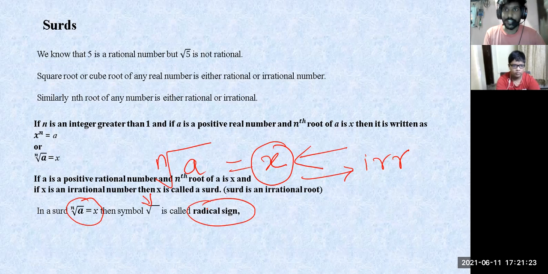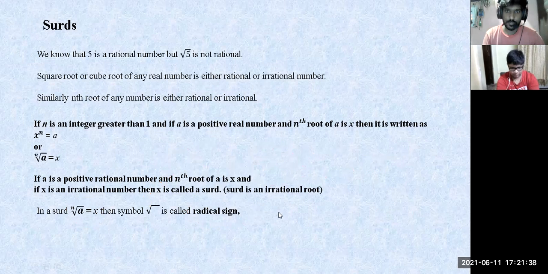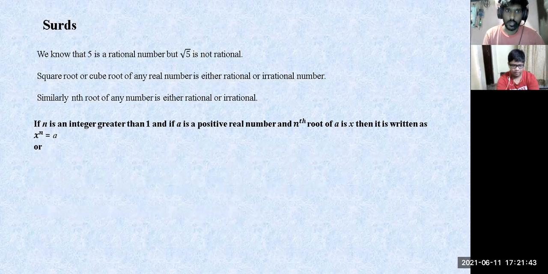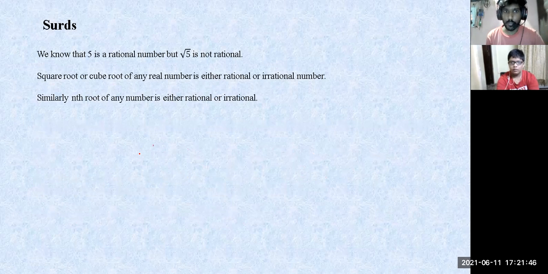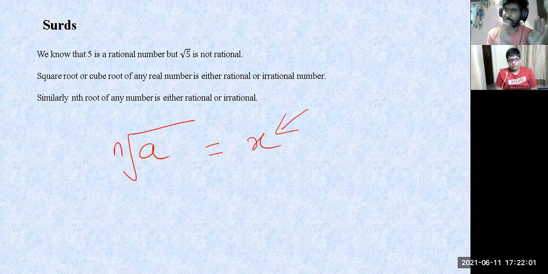Did you understand the definition of surd? What is surd? Can you repeat? Okay, I'll repeat it for you. If you have a positive real number a and you take its nth root, any root, square root, cube root, fourth root, fifth root, any root, and if you get that equal to x, now this x can be rational or it can be irrational, any one of those two.